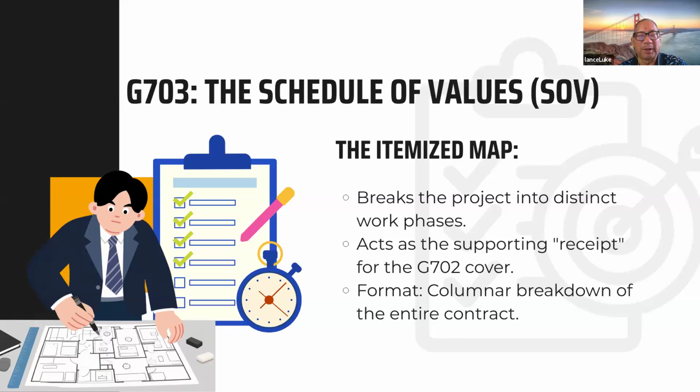For example, you have foundation, you have rough framing, which is carpentry, then you have roof, electrical, plumbing. I'm just trying to make it simple.